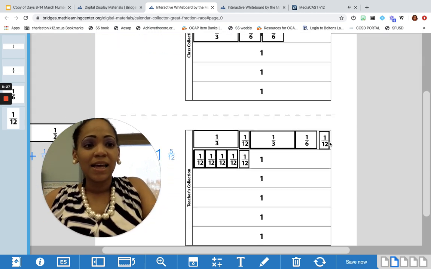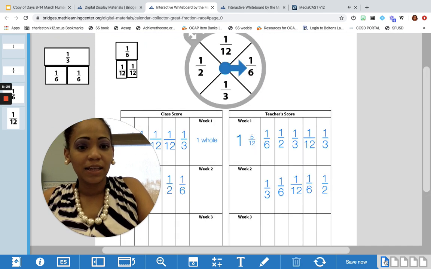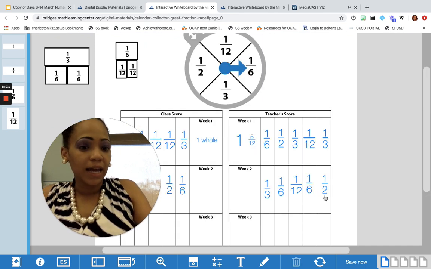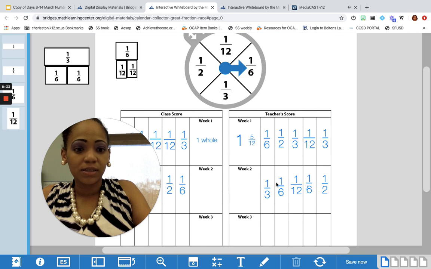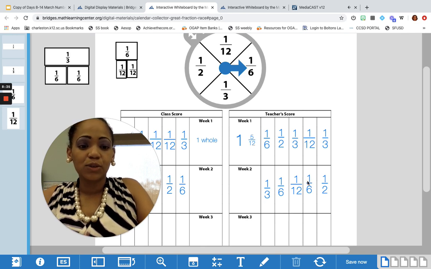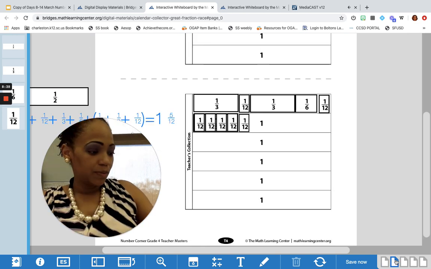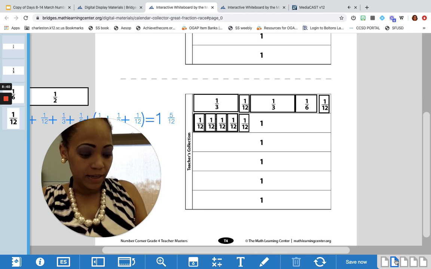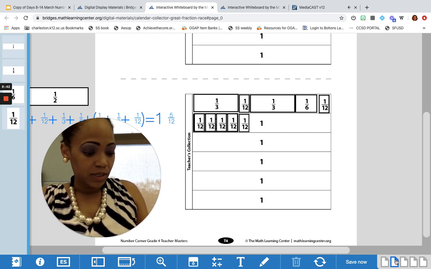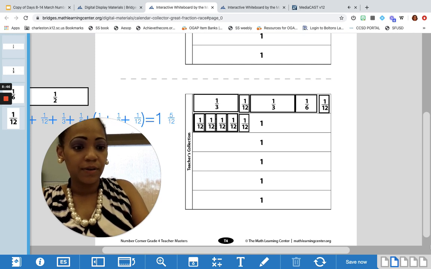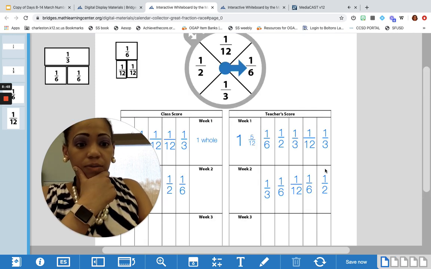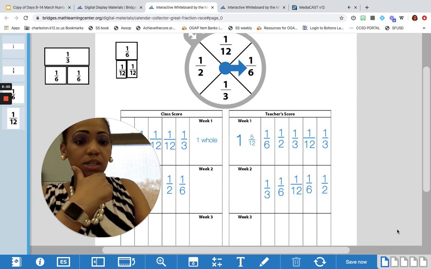So let's look back and see what I got. I got 1/2, 2/6, a third, and a 12th. 1/2, and I'm going to write that down, 2/6, a third, and a 12th.